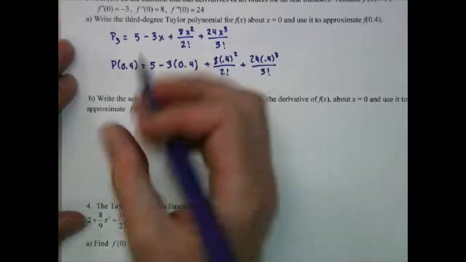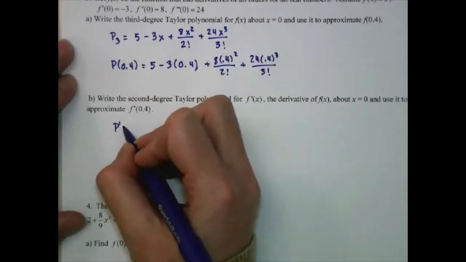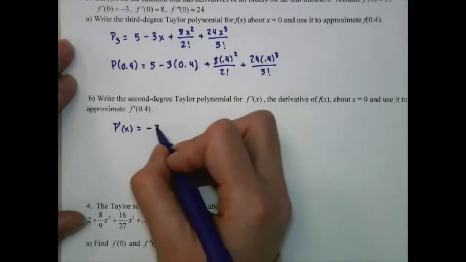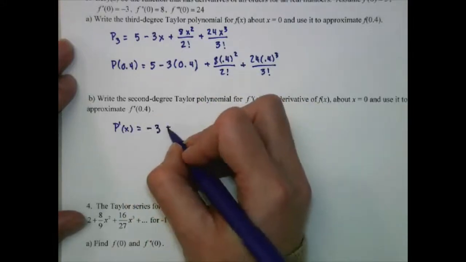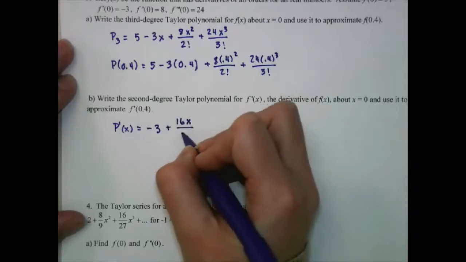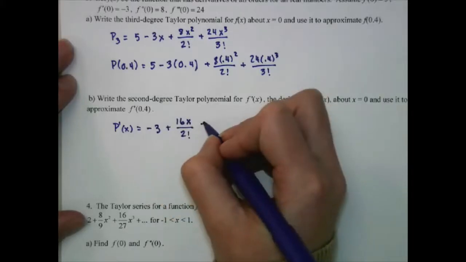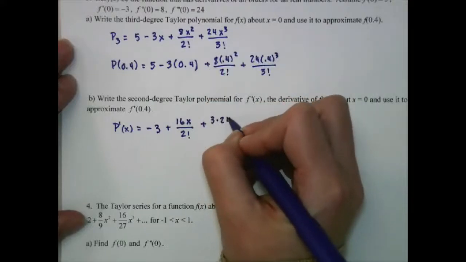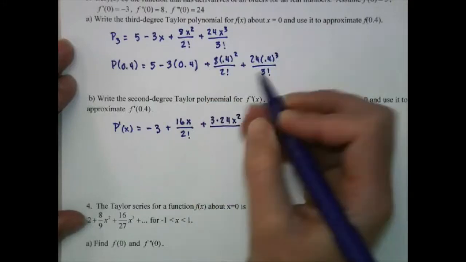Right? Now we're going to take the derivative. Derivative of 5 is 0, so we're going to have -3 plus 16x over 2 factorial plus, if you multiply that, or we're going to say 3 times 24x squared.